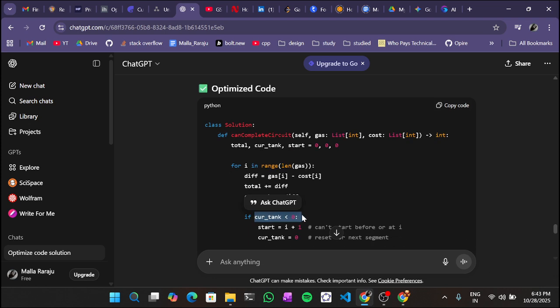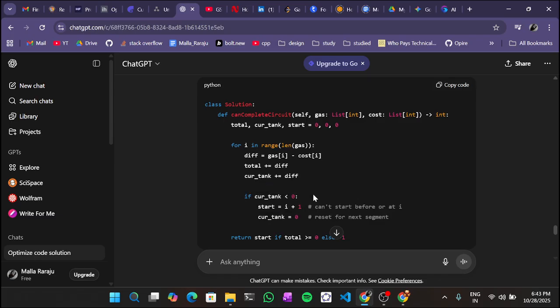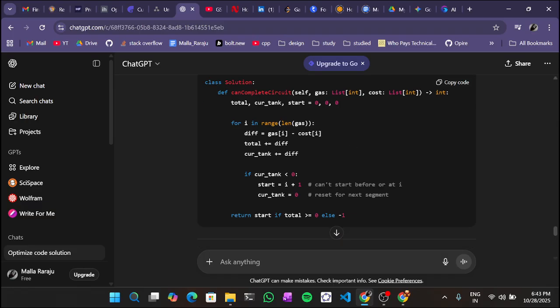If the current is less than 0, start at I plus 1th position.